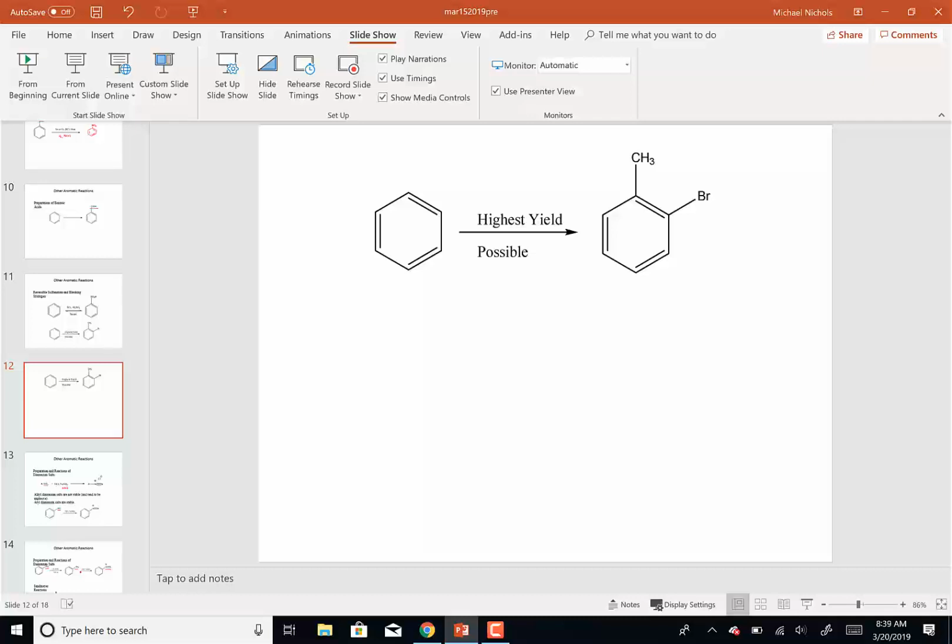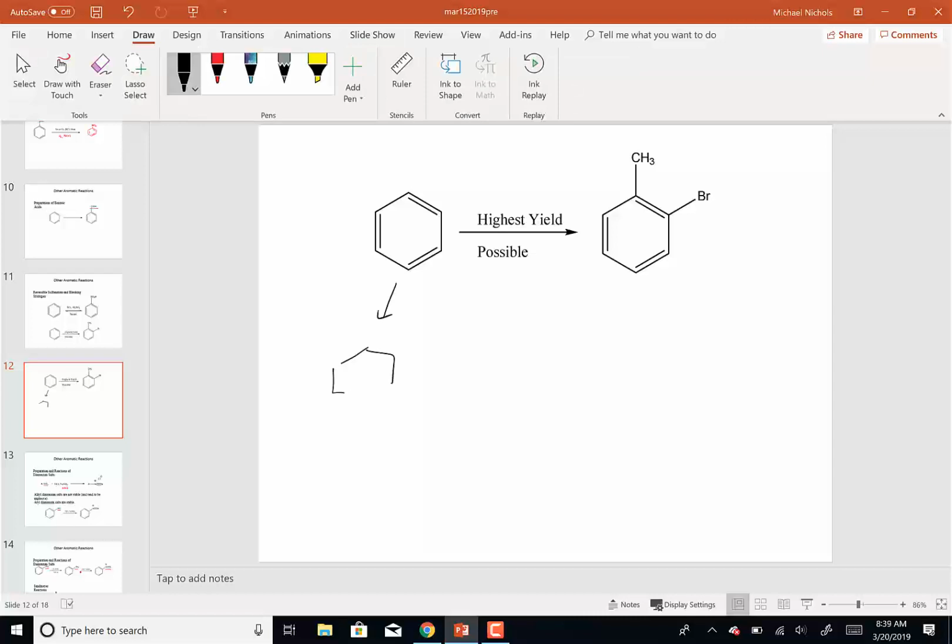Now you might say, okay, I'll just put the methyl group on the ring, and then I'll add Br2 and FeBr3 to it. And if I do it that way, I'm going to end up forming two products where the bromine would add ortho and para.